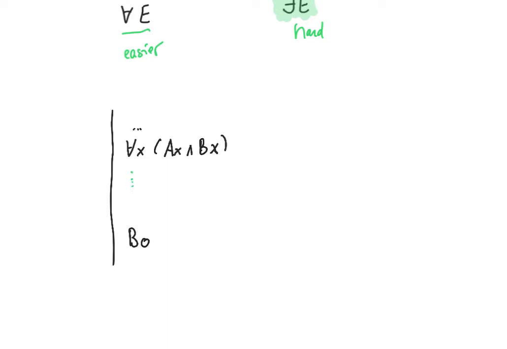The rule of universal elimination allows you to write, in the next line, A(O) and B(O).